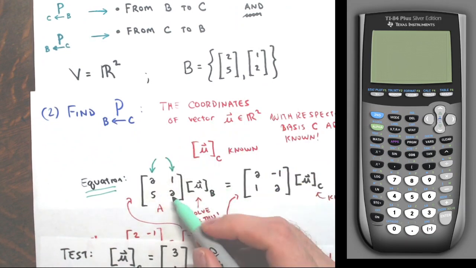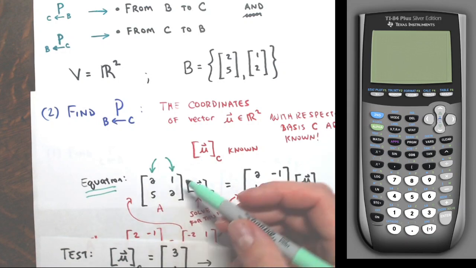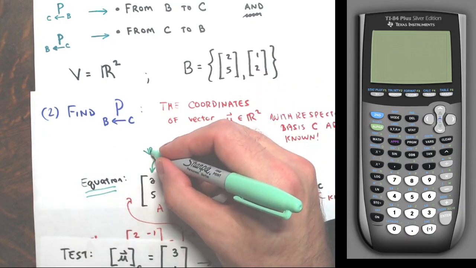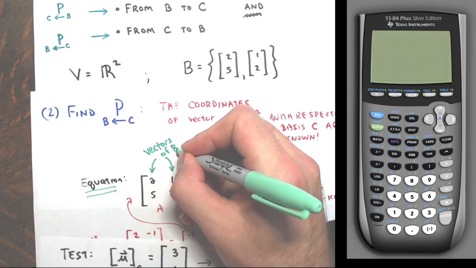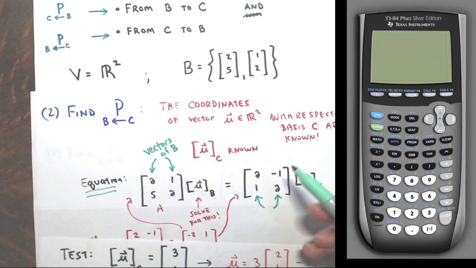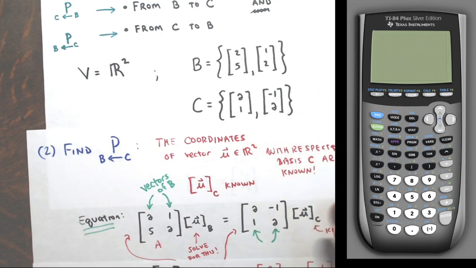The columns of this matrix are just the vectors of B. And then look at the other side: this matrix multiplied by the coordinate vector with respect to C. Look at the columns. They're just the vectors of C, 2, 1, negative 1, 2.